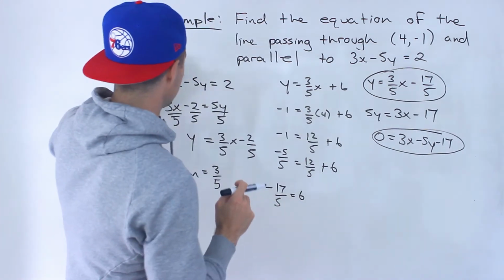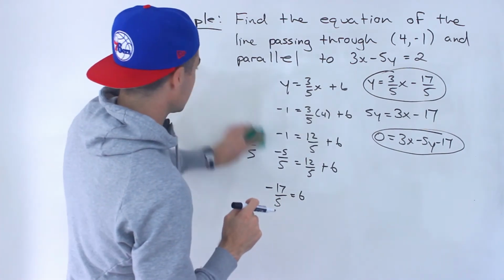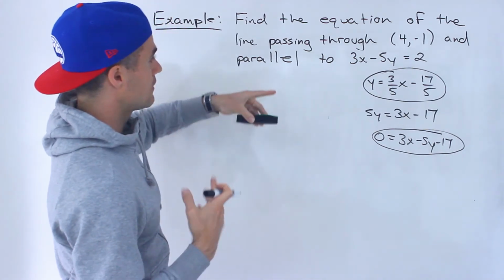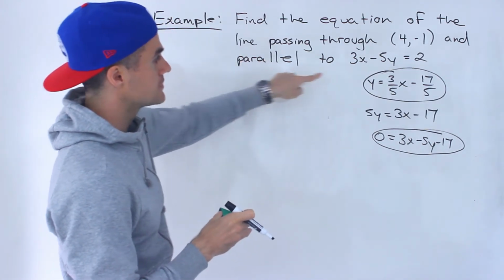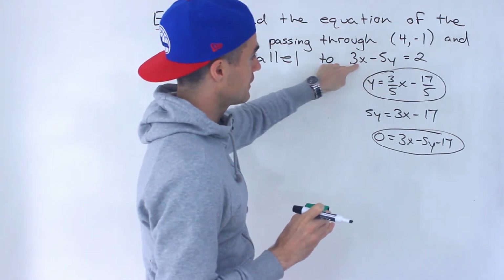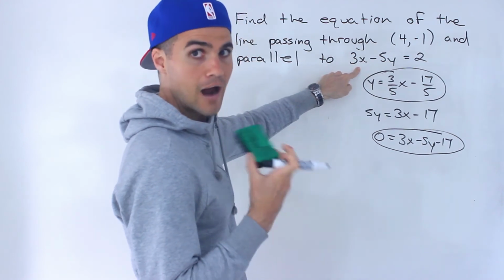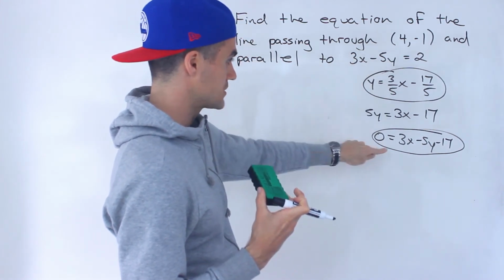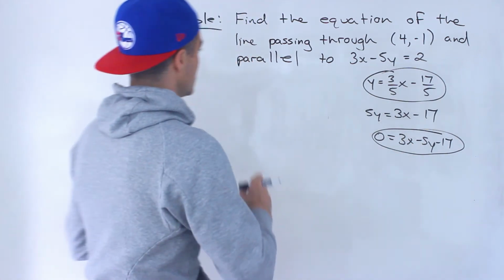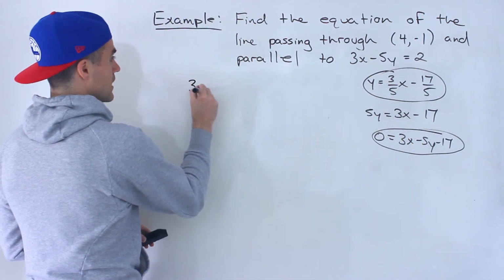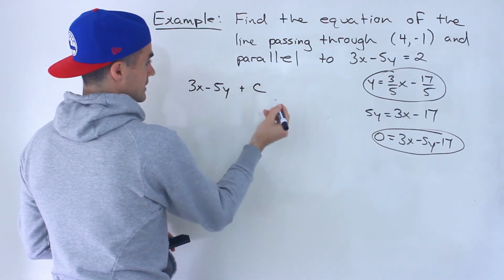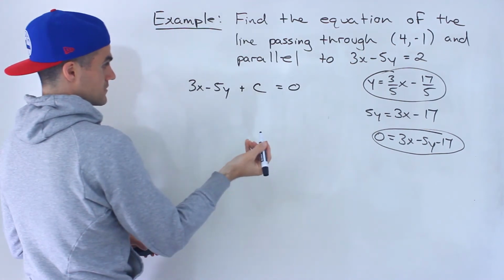Now another way we could have done this is, because the line that we're finding is going to be parallel to this line, the coefficients in front are going to be the same in our line as well when we put it in standard form. Notice we have that 3x minus 5y over here as well. So we could just say 3x minus 5y plus c is equal to 0.